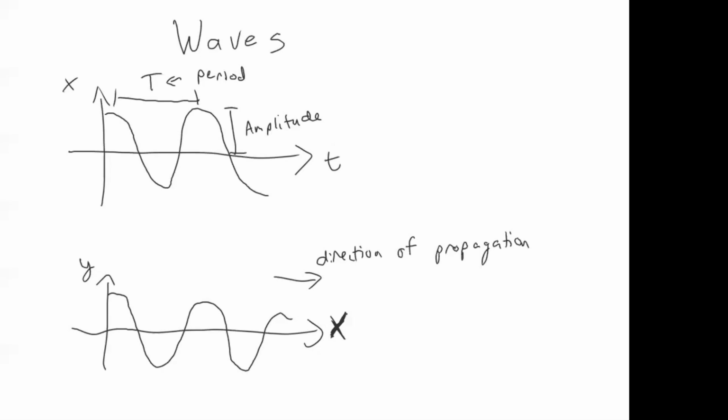And so if you look at this graph now, the distance from the peak to the peak is no longer a time because this is not a time axis, it's a distance axis. So now this is the wavelength, which we represent with the Greek letter lambda. And then this would still be the amplitude.